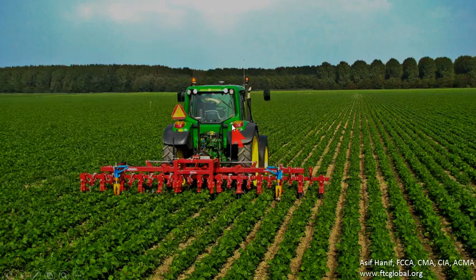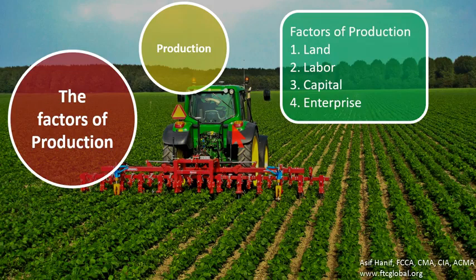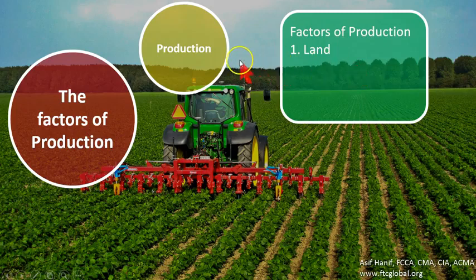Moving on, what is the main topic here? 4 factors of production: land, labor, capital and enterprise. So let us discuss them one by one. First we have land. Factors of production, these are the resources. I'm sure you have studied in your basic elementary economics.